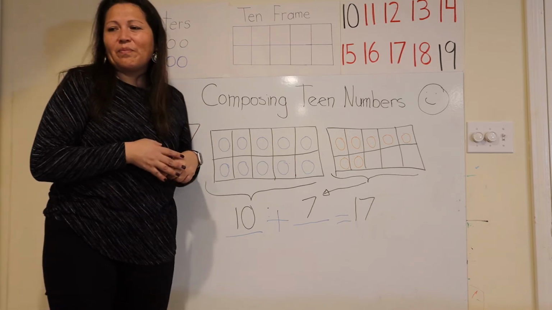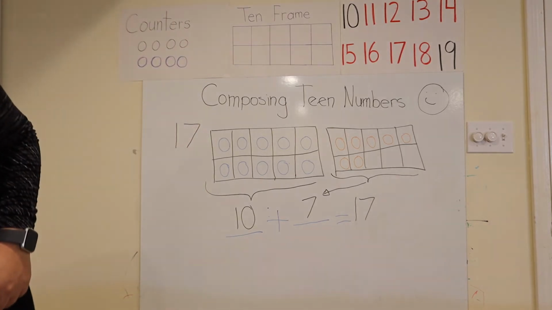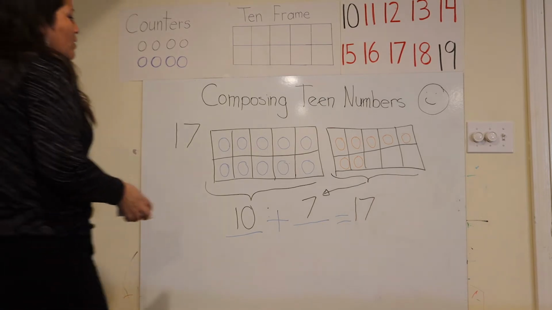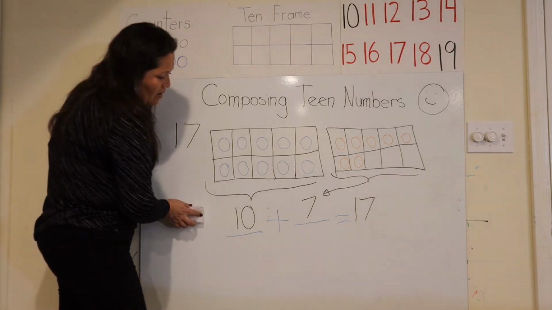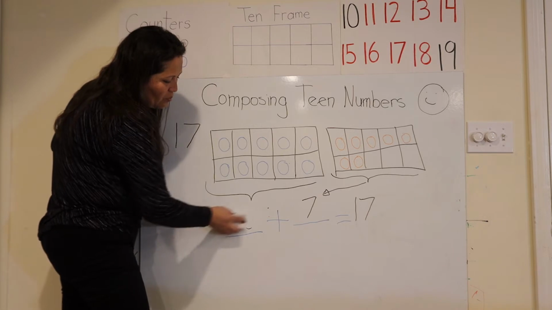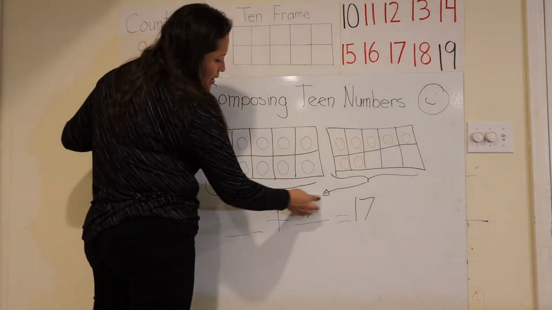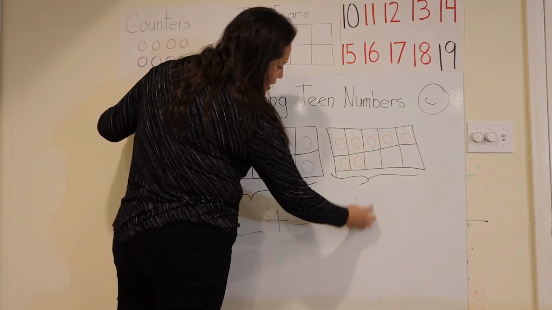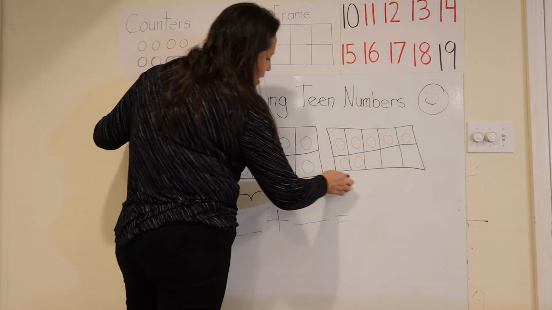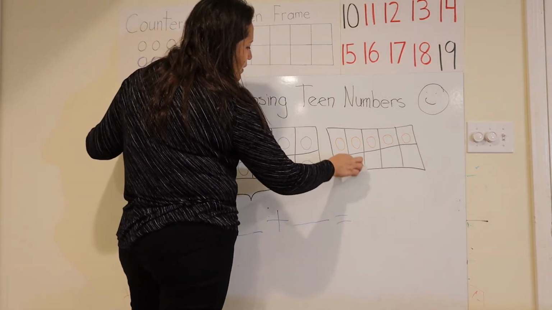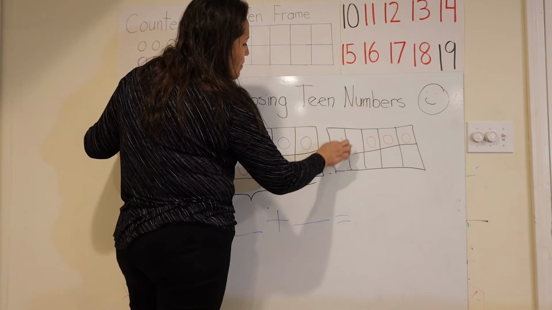So now maybe we'll try a new number. How about we make and compose the number 19, okay? Think about number 19.